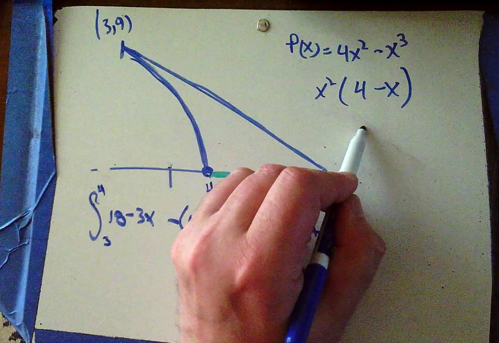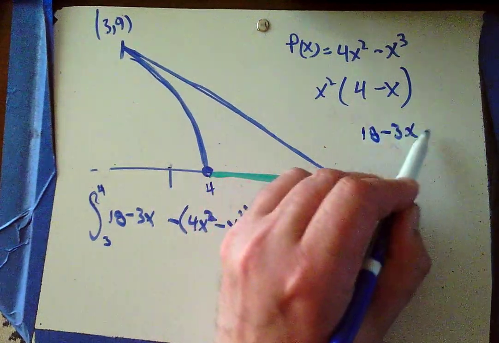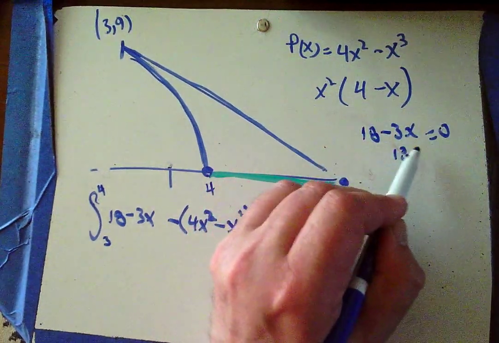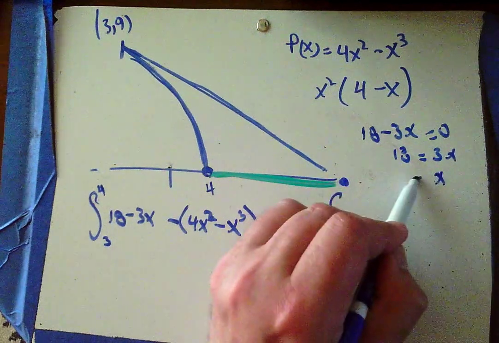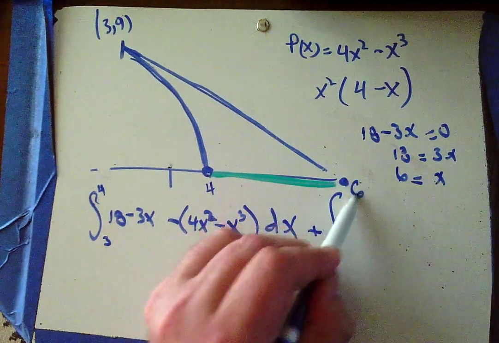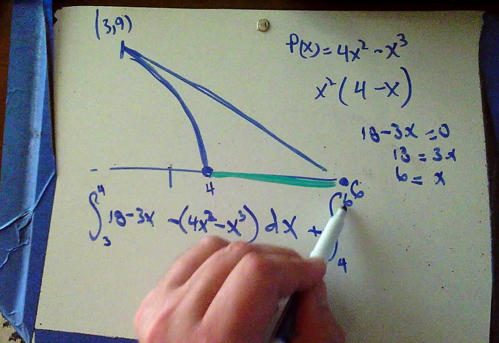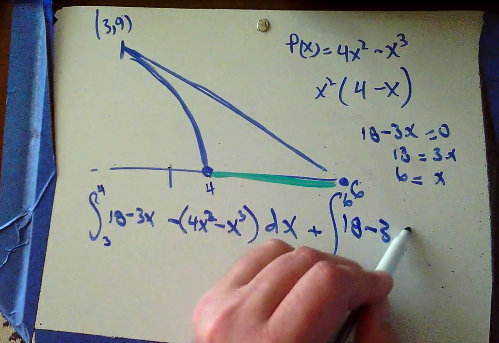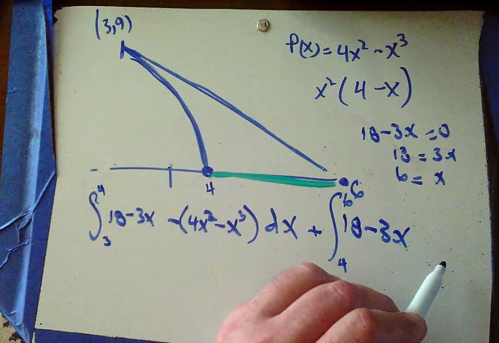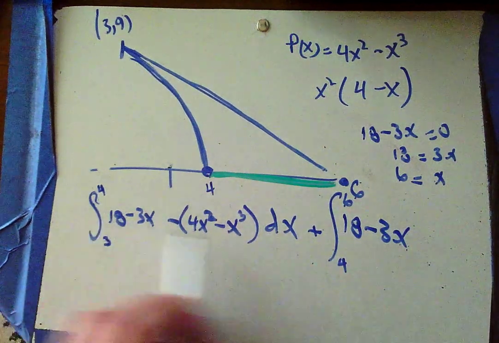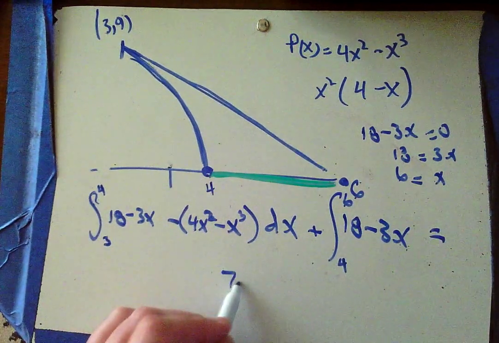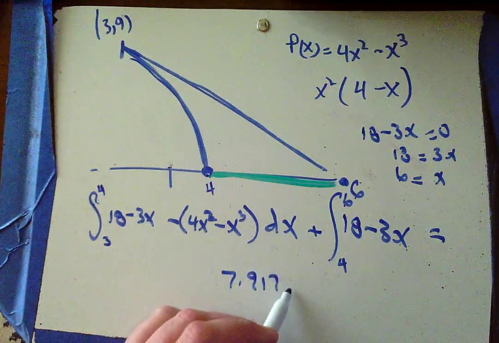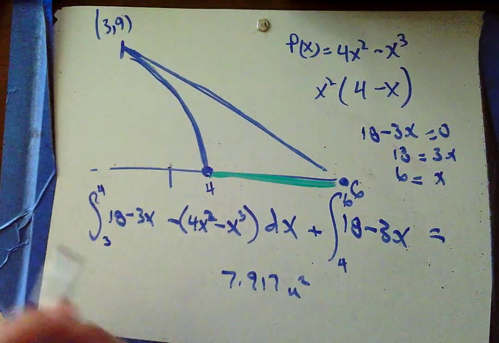This is 18 minus 3x equals 0. 18 equals 3x, or x equals 6. So the second integral goes 4 to 6, and that's just the integral of 18 minus 3x. Okay, I used my calculator to find this, and I came up with 7.997 units squared.